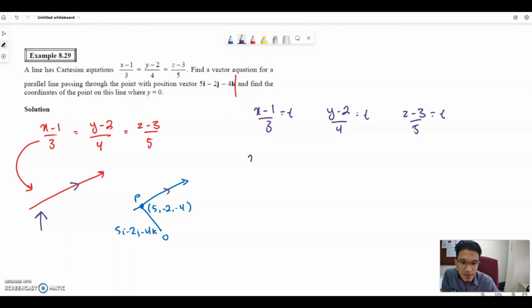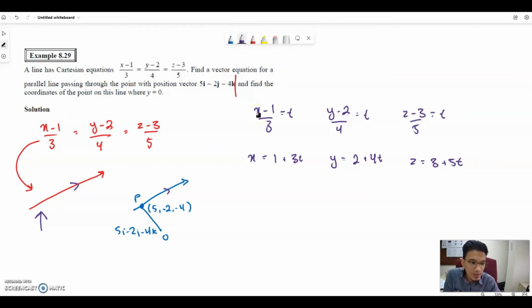Then we have x equal to 1 plus 3t, then y equal to 2 plus 4t, and then z equal to 3 plus 5t.